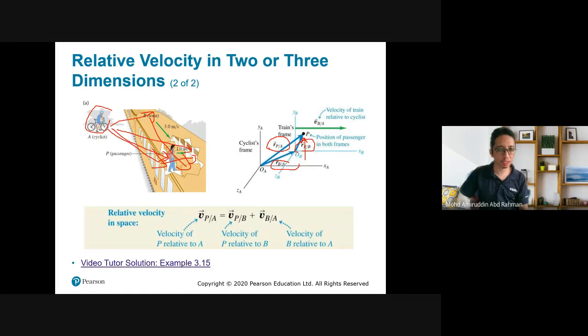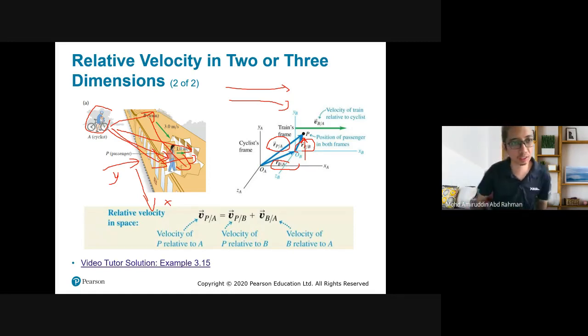Before this, you just saw that it is only in the x direction. Now we see that we have a component of y and also x. So this is y and that is x. That is for the 2D, the two dimensions of the relative velocity.